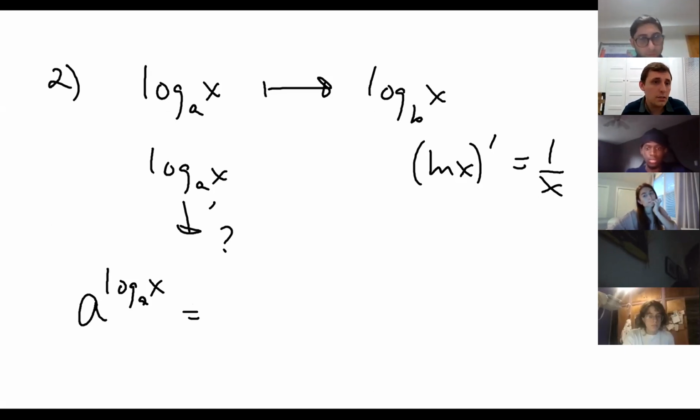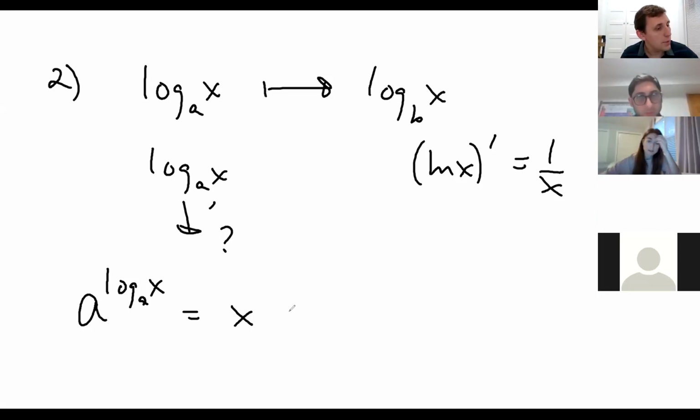Yes, x. This is x. But what is x as well? X is also b to the log base b of x. You see, I'm converting to base b.